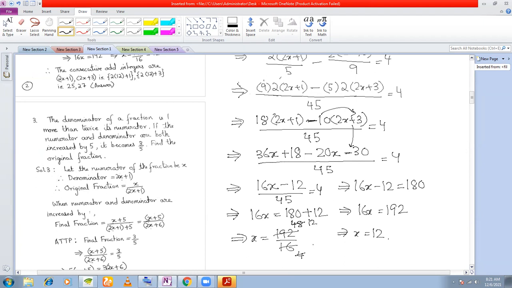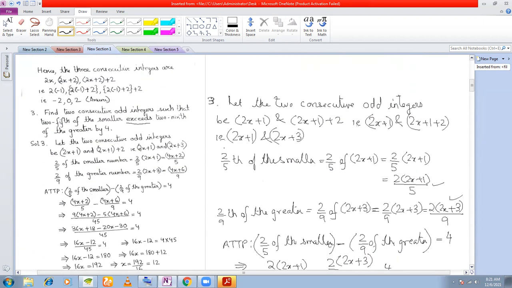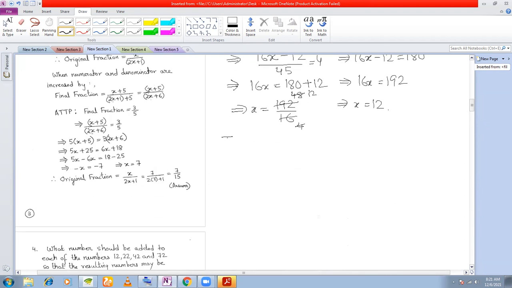Once you get x is equal to 12, because you have to find the consecutive odd integers. What were the consecutive odd integers here? 2x plus 1 and 2x plus 3. So what are the consecutives? You put the value of x.